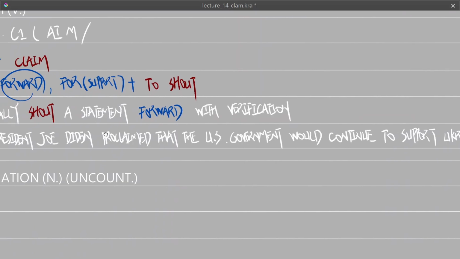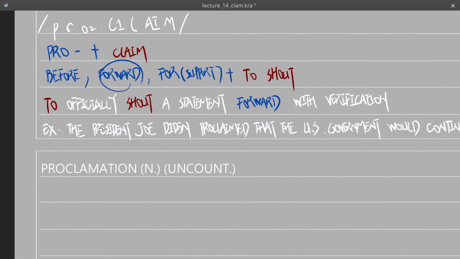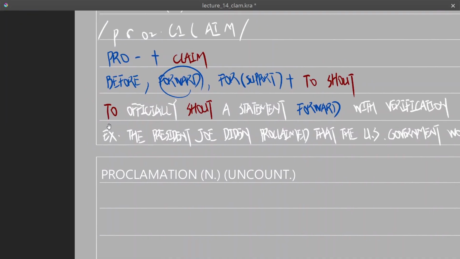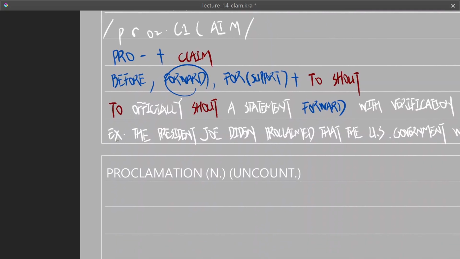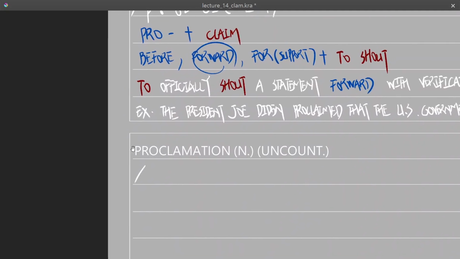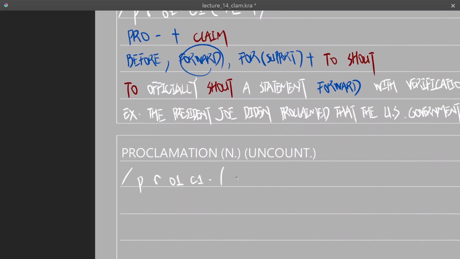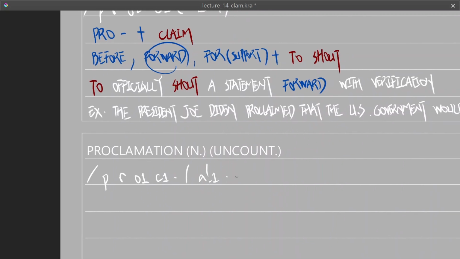All right. Next, we have the noun form of proclaim, proclamation.